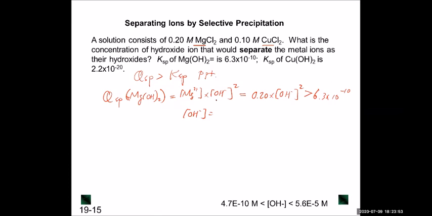This is actually a solution that already has a fairly high amount of magnesium, so don't use that. The hydroxide is what we need to find out, but this 2 comes from the stoichiometry, because 1 mole of magnesium hydroxide has 2 moles of hydroxide. That's the exponent 2. Okay.